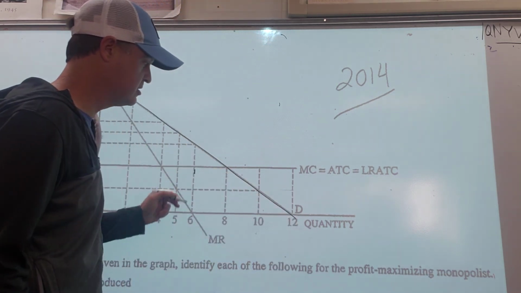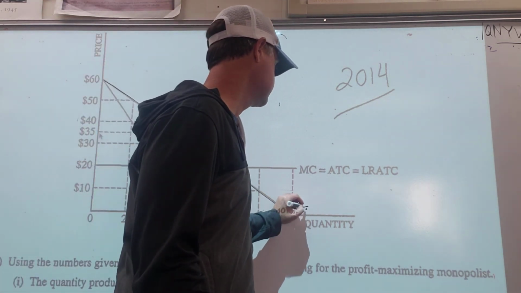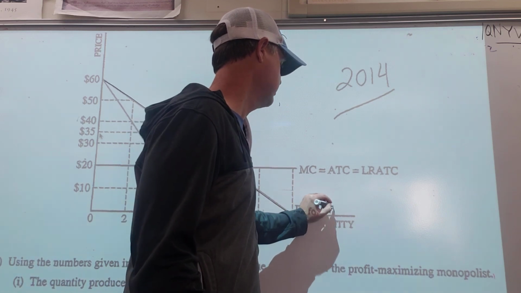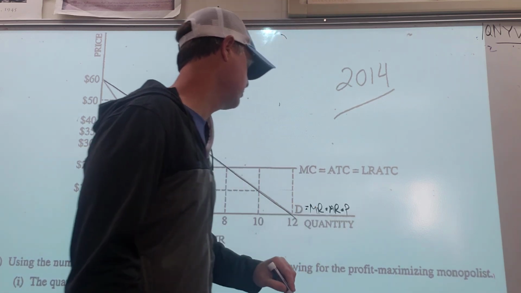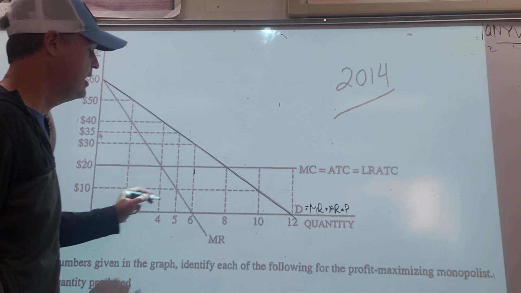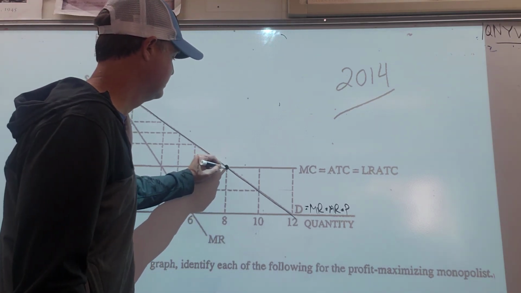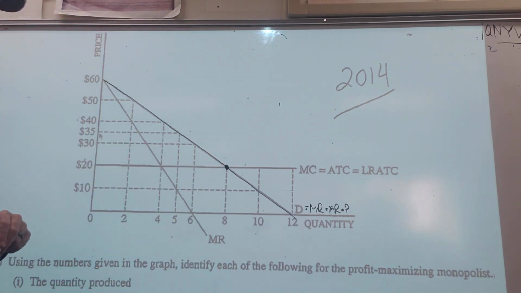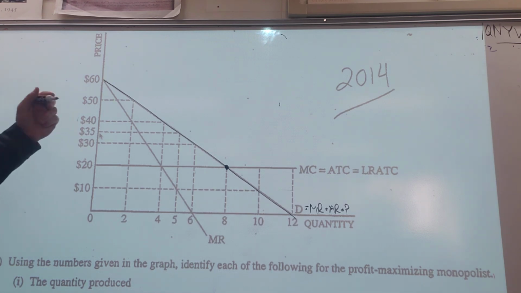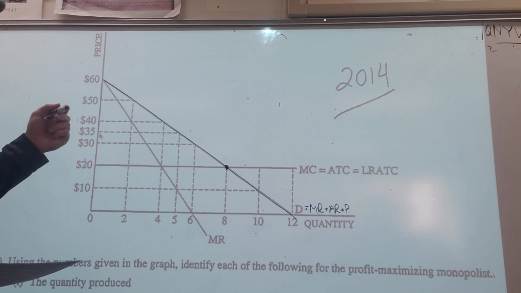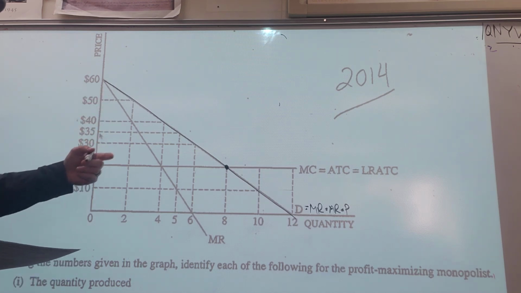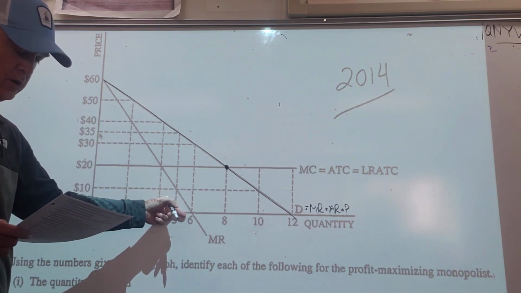Remember, MR equals average revenue equals price, because I get to charge everyone exactly what they're willing to pay. MR equals MC. And so now we're here where MR equals MC. Because there is the price, there is no marginal revenue curve anymore.